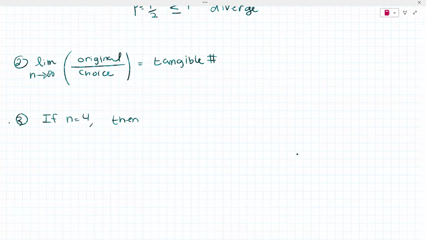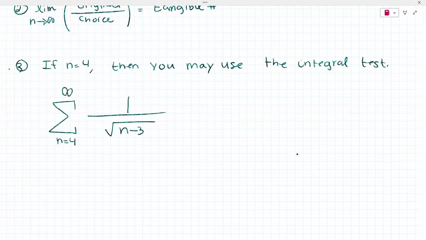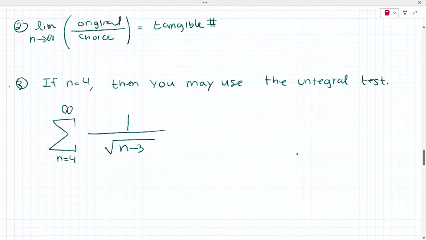Then you may use the integral test. If we started at 4 to infinity, it would work.